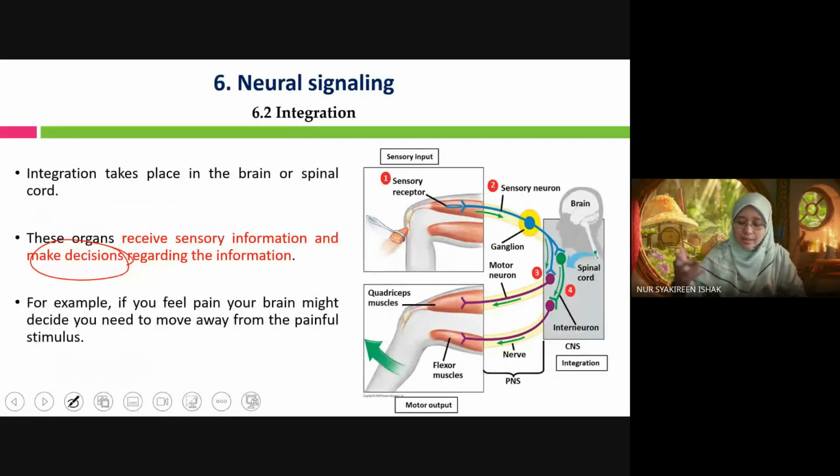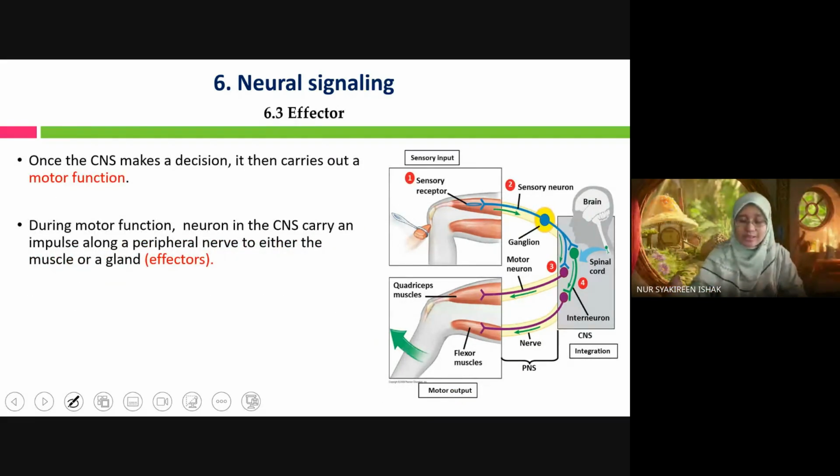And then from the interneurons, the electrical signal will be sent to the motor neuron in the peripheral nervous system. Okay, the motor neuron, the effector. So once the central nervous system makes a decision, the brain is interpreting, it makes a decision, so it then carries out the motor function.